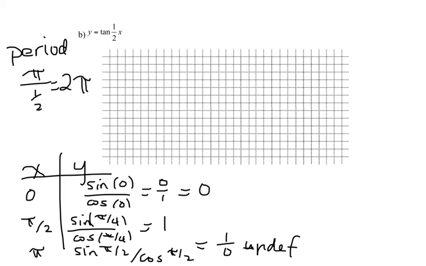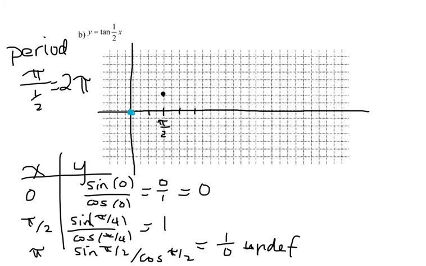Okay, so I'm going to go ahead and plug those points in, what we just talked about. So I've got the point 0, and then over at pi over 2, if we call 2 spots pi over 2, that's going to give me my 1. And so here's pi over 2.